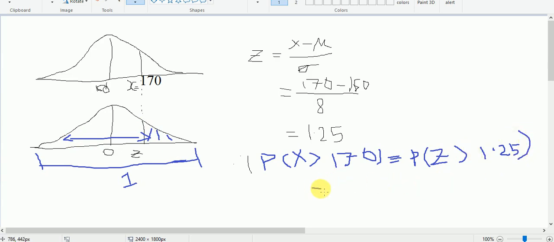So this is actually 1 minus P(Z less than 1.25).